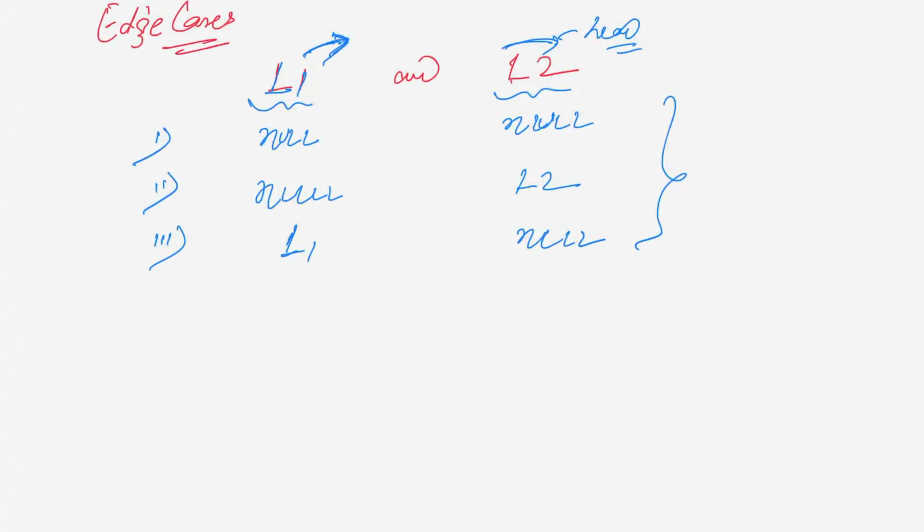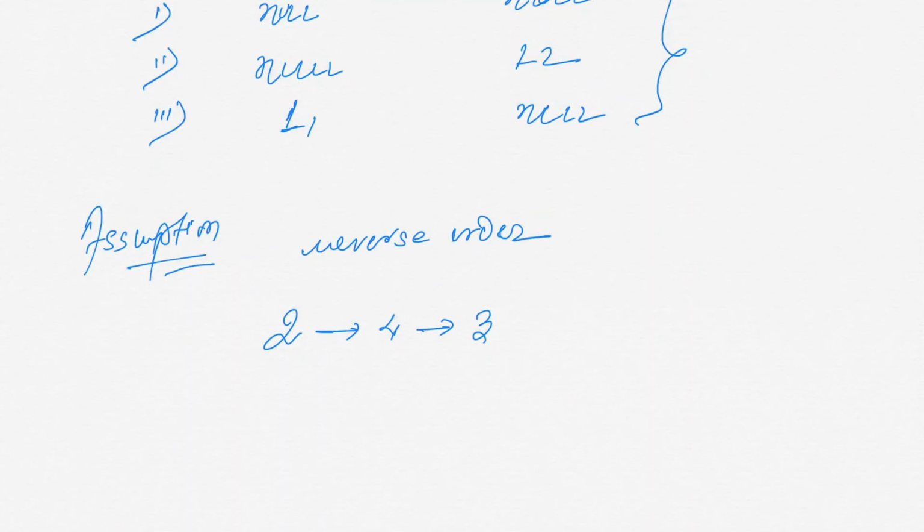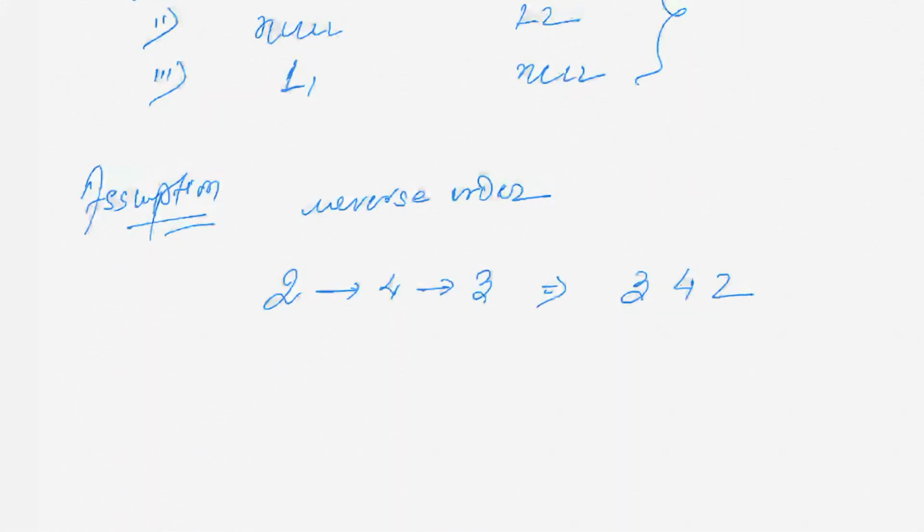If you see in this question, there is one assumption before solving this problem: it's telling us that digits are stored in reverse order. So if we have 2, 4, 3, that means we can consider it as 3, 4, 2, and another one is 5, 6, 4, which we can consider as 4, 6, 5.